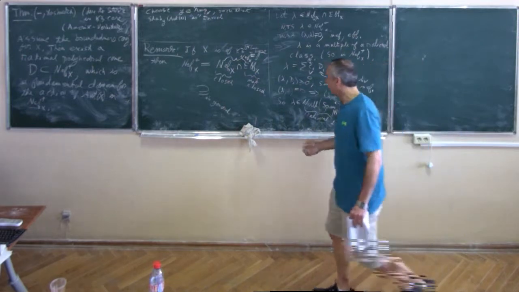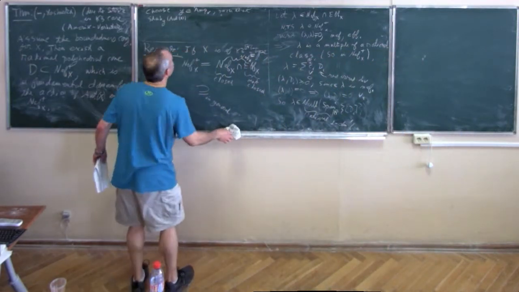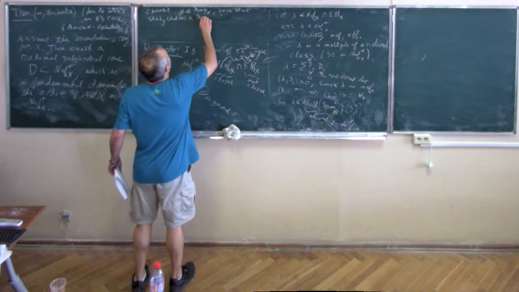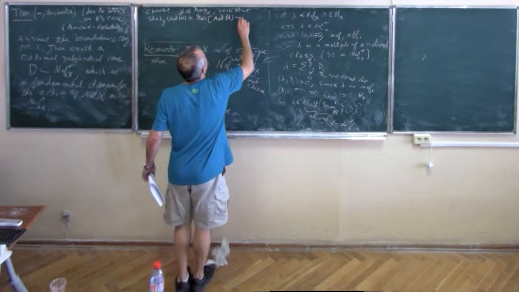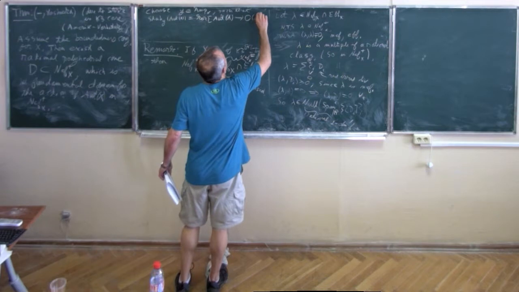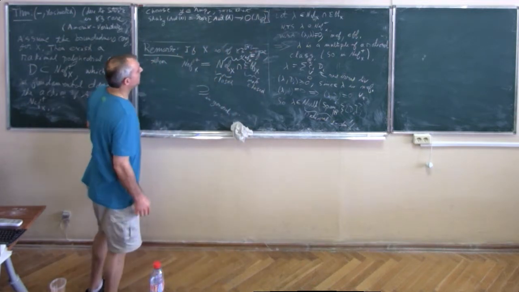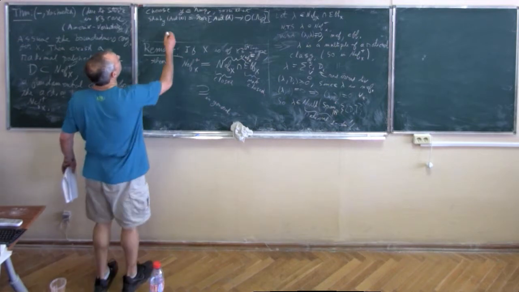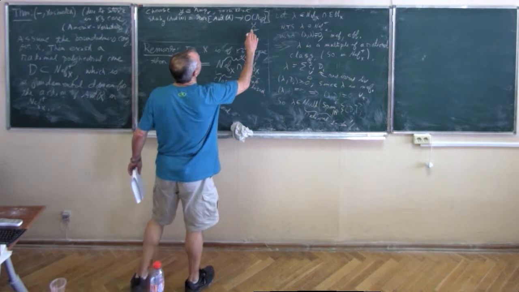So maybe I should actually work with the image. The image. So the stabilizer under G is trivial.